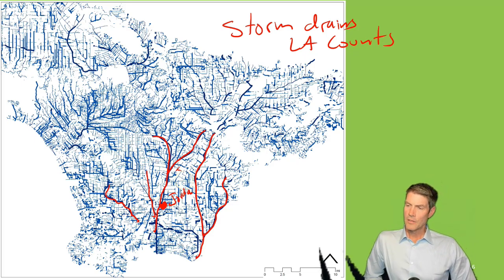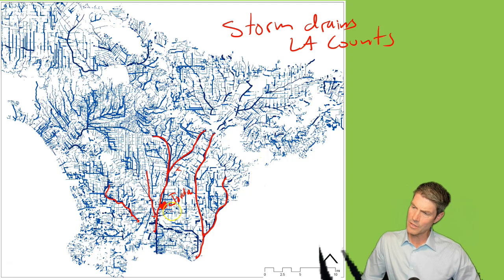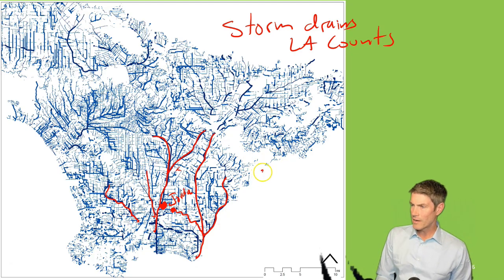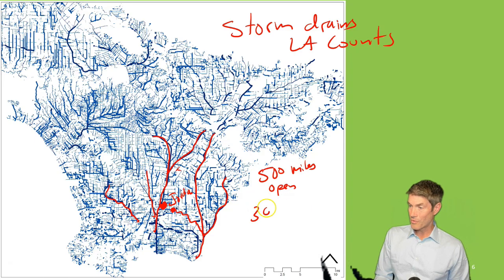The stuff that drains off the grounds of Jordan High School goes into the LA River, but not too far over. If you just go a couple miles over here, that stuff will make its way into San Gabriel River. And let's see, there's 500 miles of open channels, and then there's about 3,000 miles of underground.